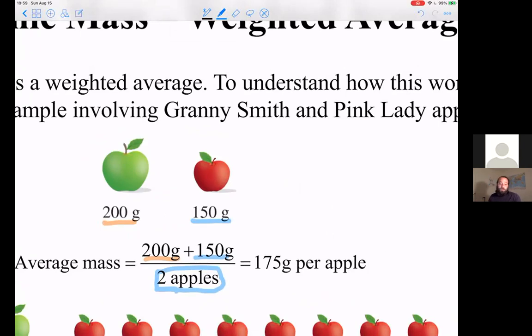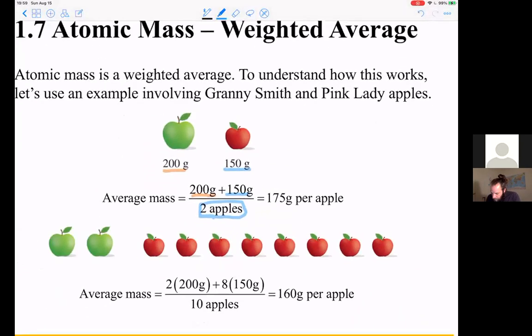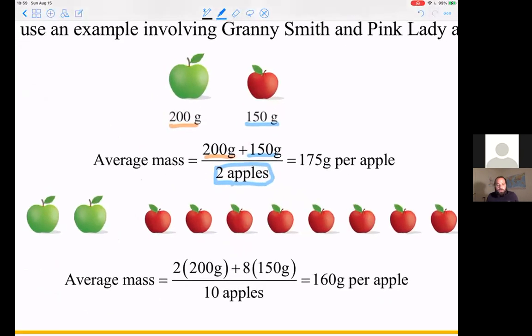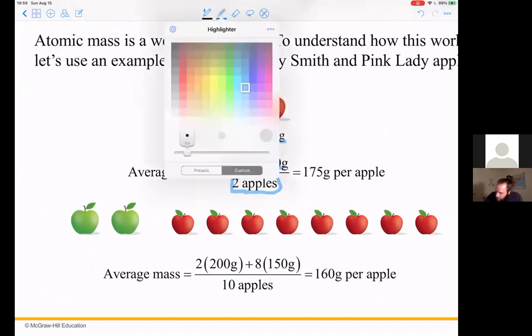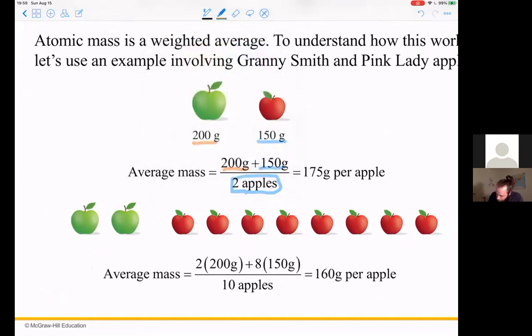That's the average mass. Okay, but then what if I had a much larger sample, like something like this? Now I have 10 apples. 2 of them are my 200 gram green apples.